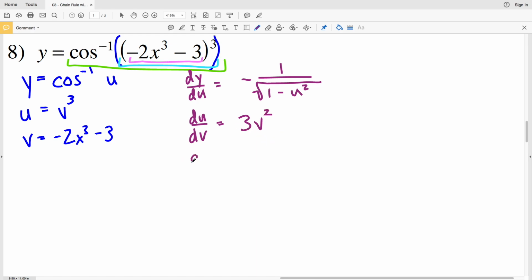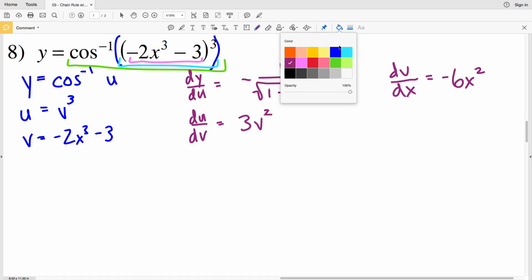And then lastly, the derivative of v with respect to x equals the derivative of negative 2x cubed minus 3, which is 3 times negative 2, which is negative 6, times x to the 3 minus 1, which is x squared, and then we're subtracting the derivative of a constant, which is 0.